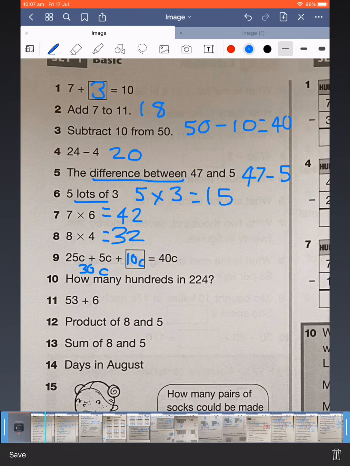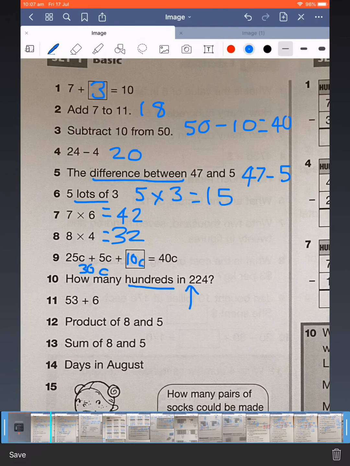Okay, number 10. How many hundreds in 224? So we're looking at the correct column, the place value of hundreds. So how many hundreds? We know that that's the hundreds column because this one is the ones.